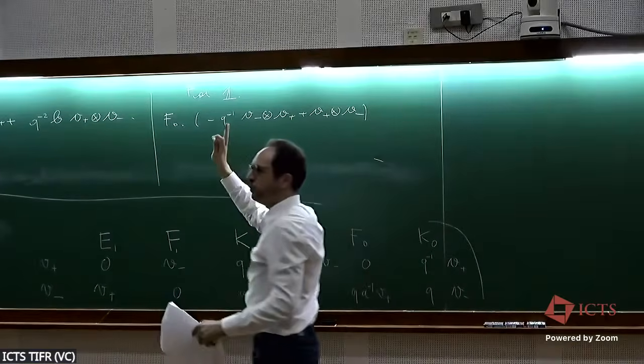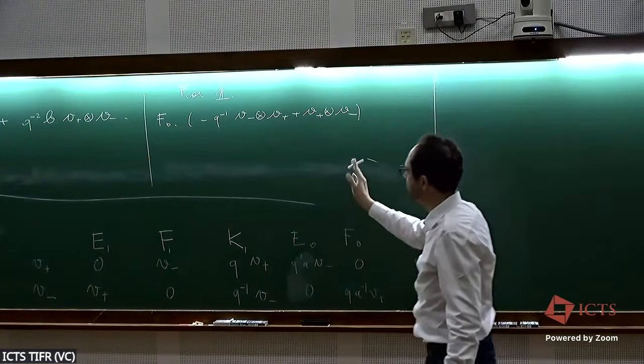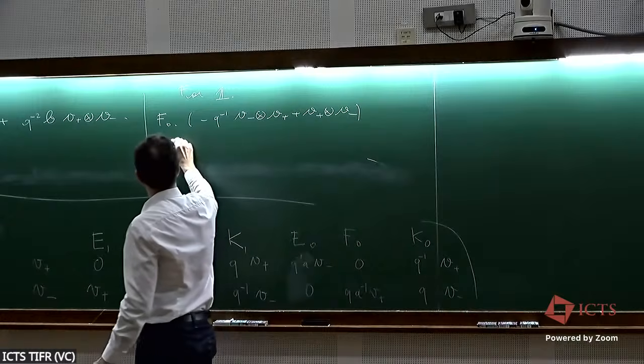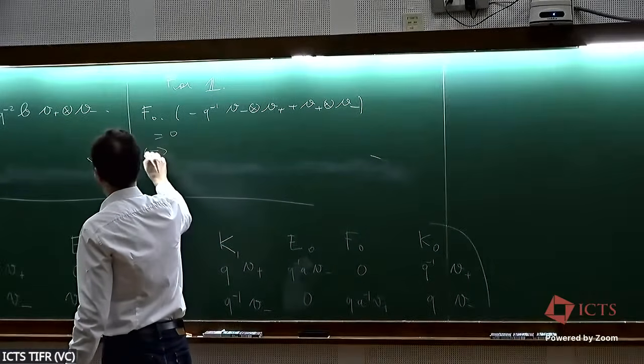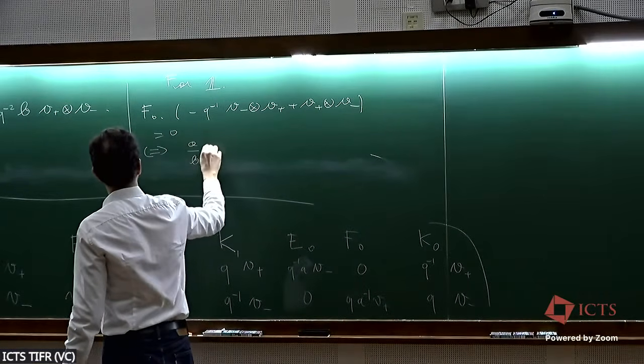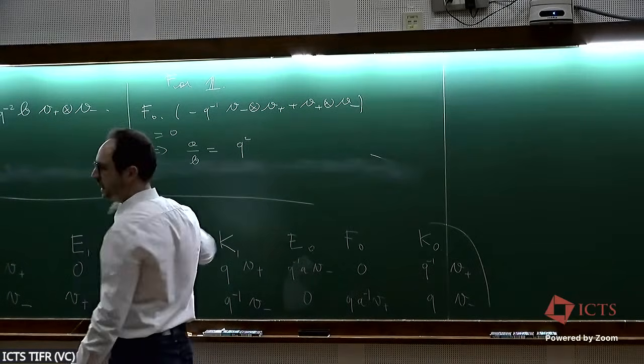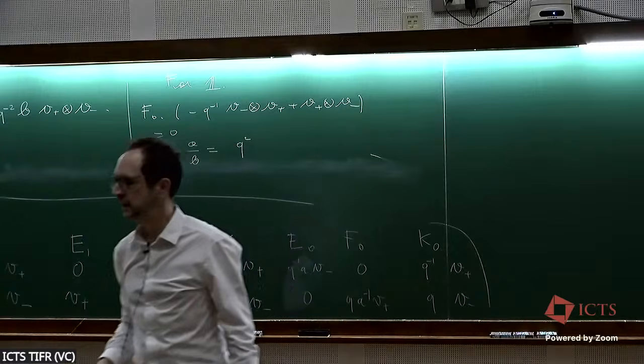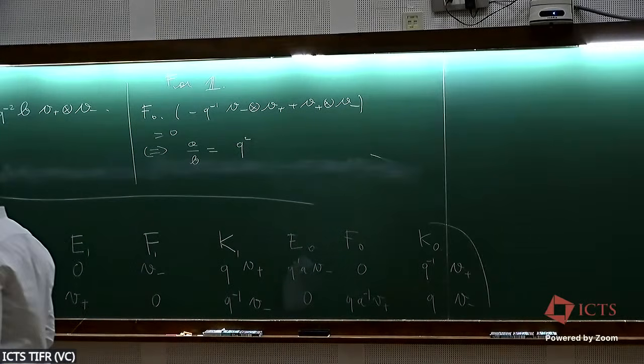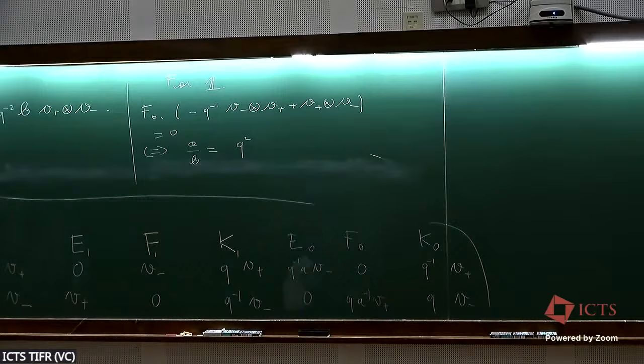You compute and you obtain that it is 0 if and only if A divided by B is also a power of Q, but not the same. You obtain Q to the 2. I did some switch, sorry. So it should be the same as before.